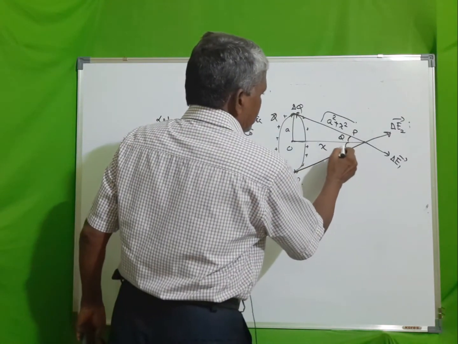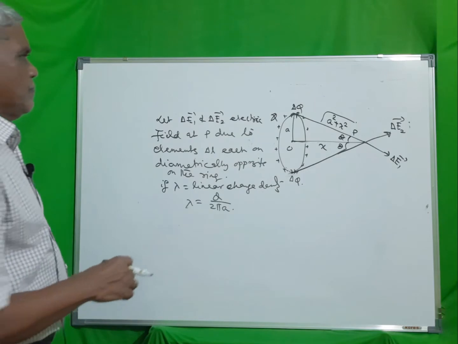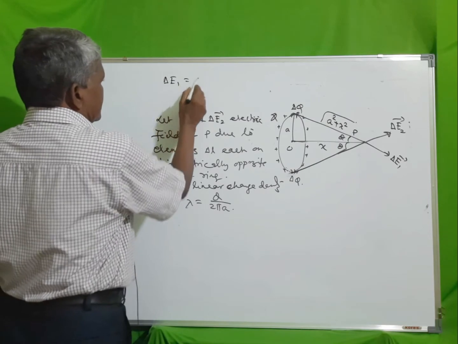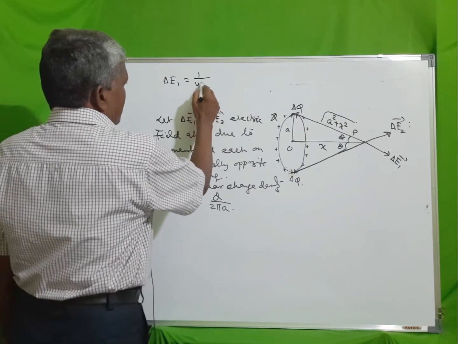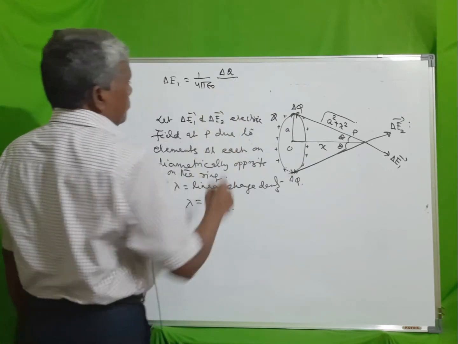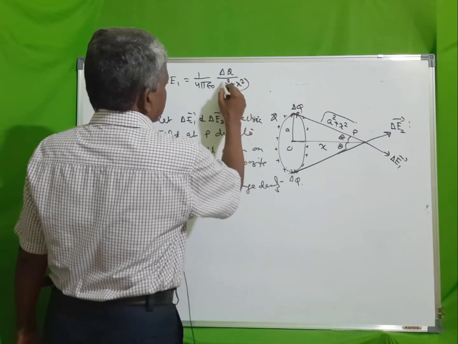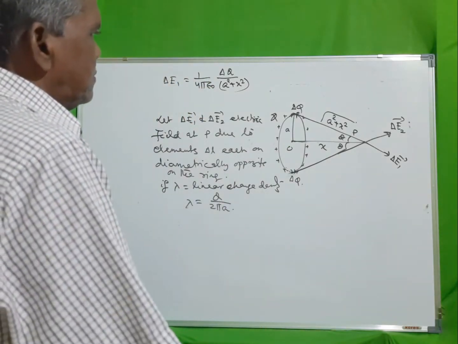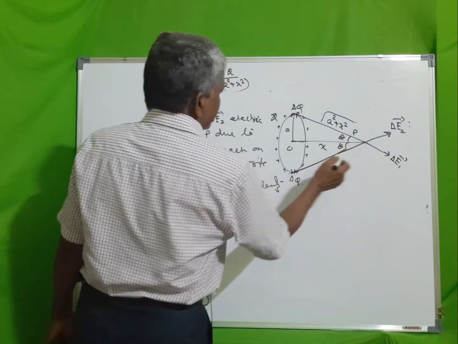Let this angle be theta. Now delta E1 or delta E2 is equal to 1 by 4 pi epsilon 0 delta Q by the distance square, a square plus x square, and the direction of the field is as shown in the figure.